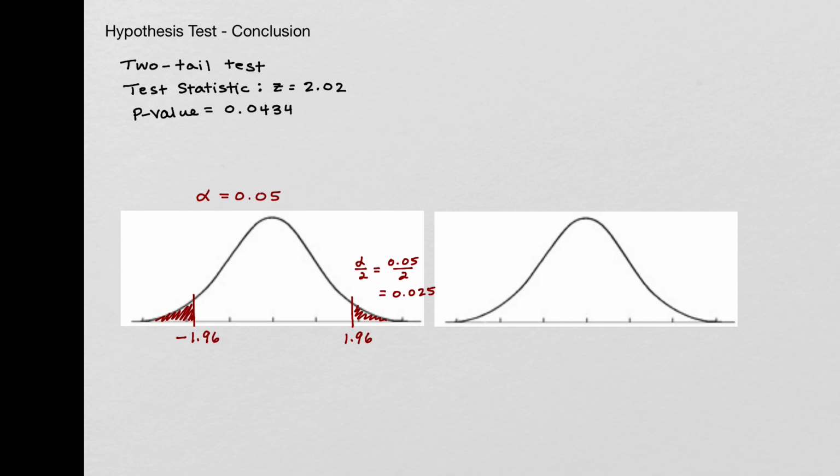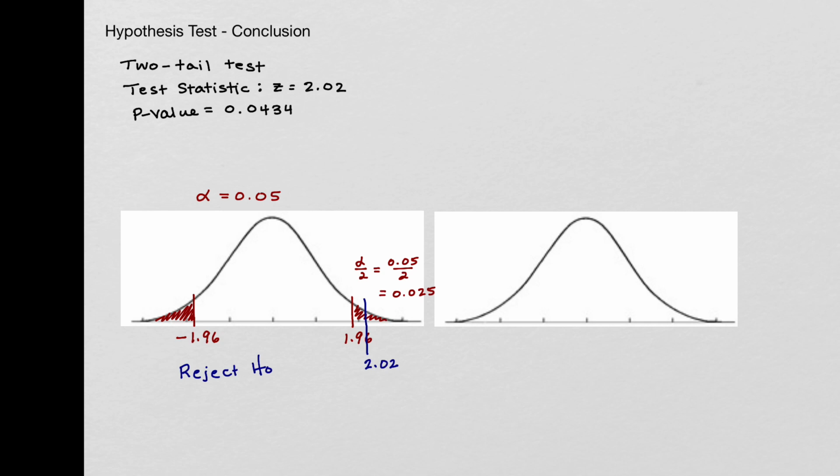Since the test statistic is 2.02, that's going to fall right about here. And we can see that that is within the critical region. So that tells me to reject the null hypothesis.